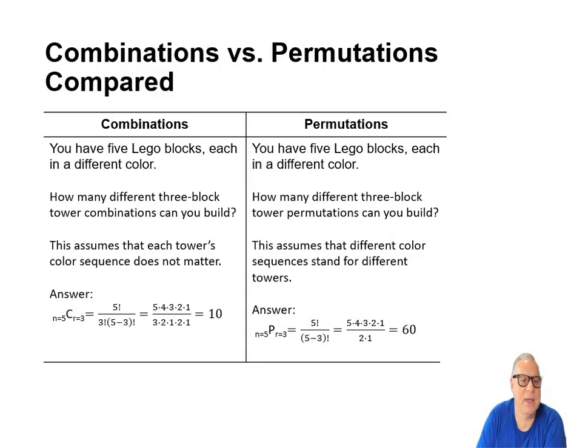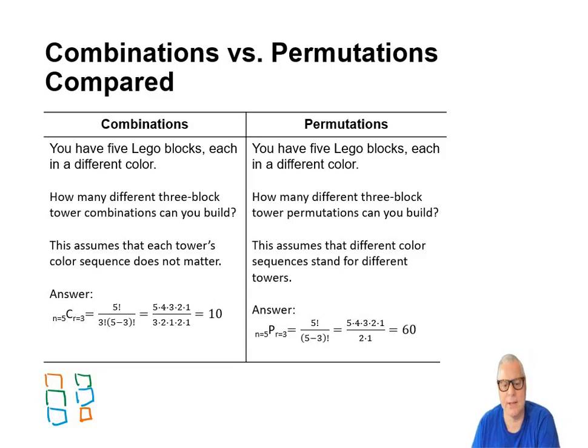We have a tower which has a blue block, a green one on top of it, and an orange one on top of it. Well, that's the same combination as a tower that looks like this. So those are the same combinations. But those are 2 different permutations, because here we have blue, green, orange, and here we have orange, blue, green. So it's 2 different permutations, the same combination.